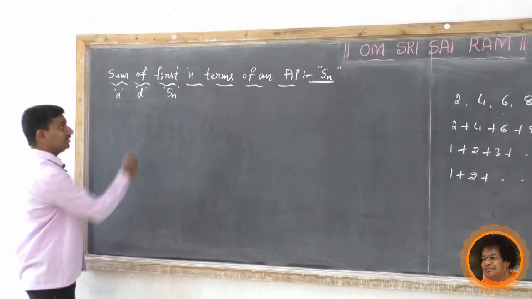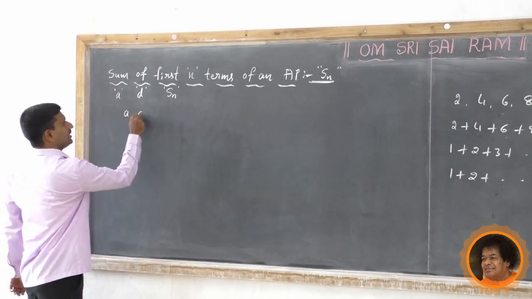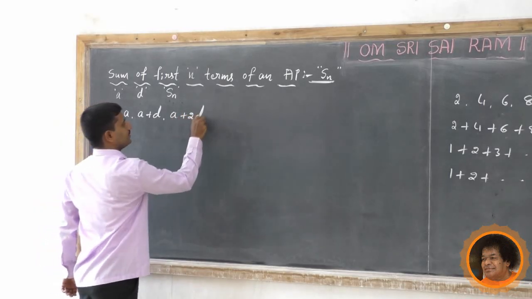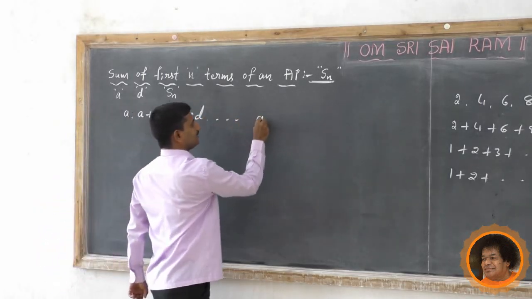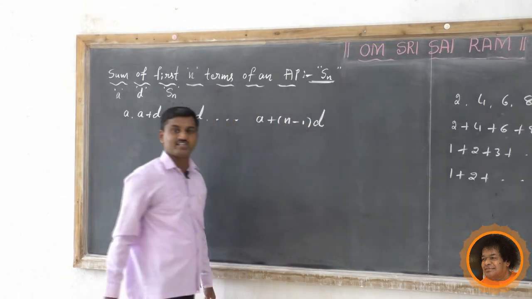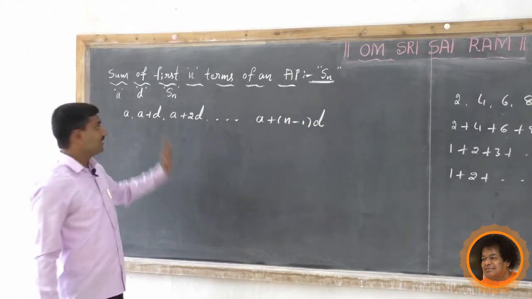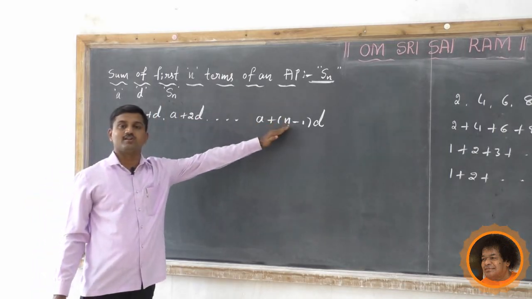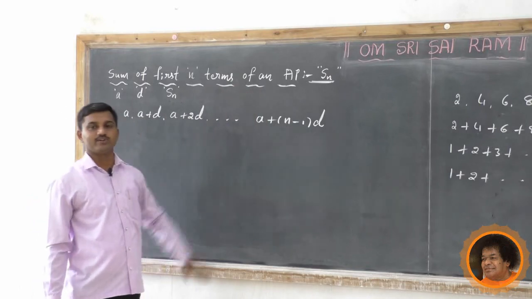What is the general form? a, a plus d, a plus 2d, and the last term, or general term, a plus n minus 1 into d.